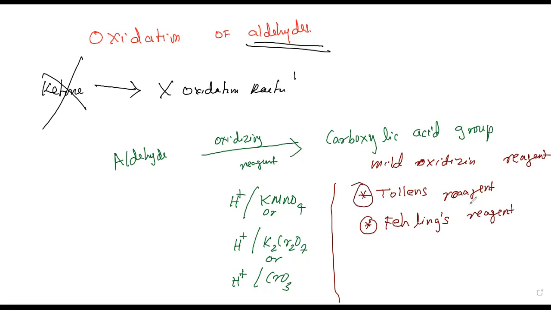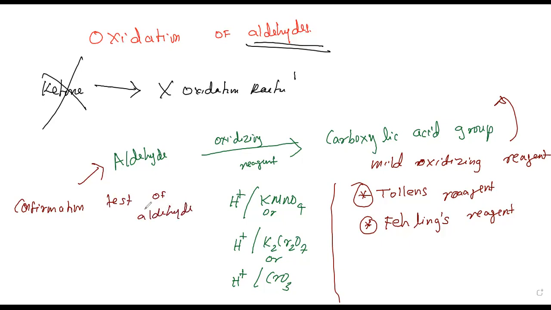These two are mild oxidizing reagents. We are using them for identification of aldehyde, as the confirmation test for the aldehyde. It will give a clear observation: the discoloration, the transformation of the color, the formation of the precipitate, and the formation of the silver mirror. Okay, the confirmation test of aldehyde.